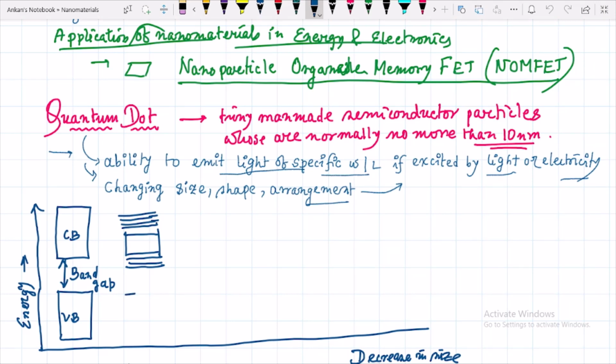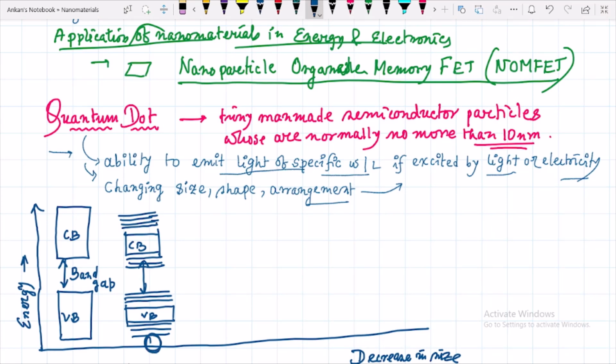So you will understand better how these discrete lines originate and this solid band is formed. The lower one represents the valence band, the upper one represents the conduction band, and this is the band gap between these two, and you can easily observe that the band gap increases by decreasing the size.